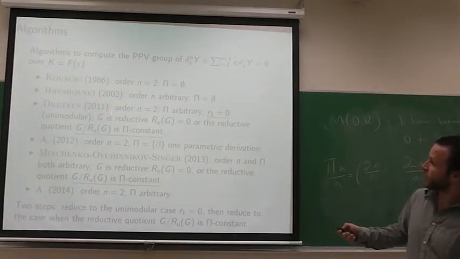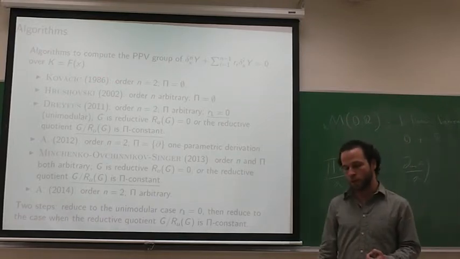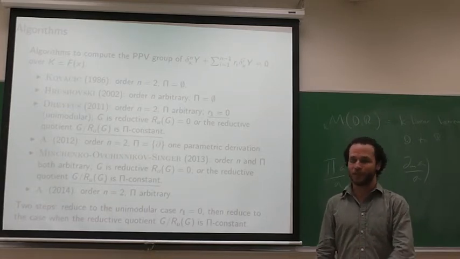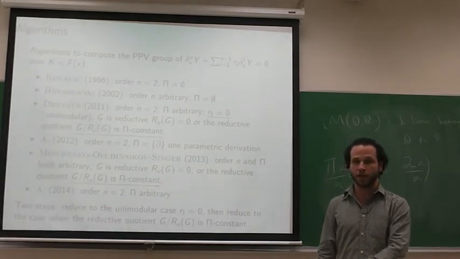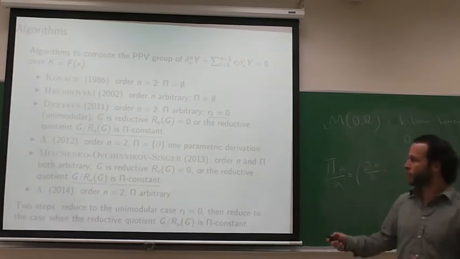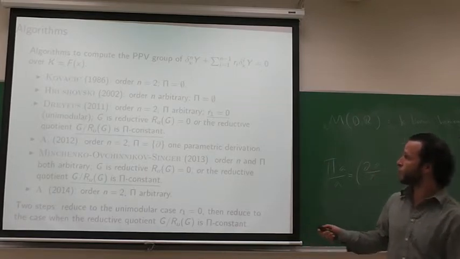So Kovacic in 1986 came up with an algorithm not to compute groups, but to compute a basis of Liouvillian solutions for the equation if it exists. It turns out that what Kovacic did is very nearly enough to compute the groups. So that's why he often gets credit for coming up with the first algorithm to compute these groups.